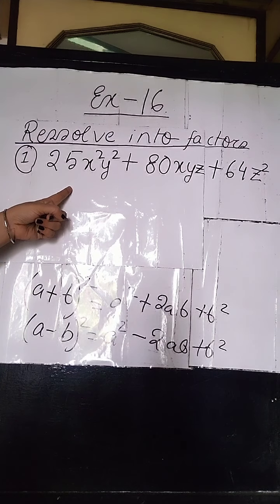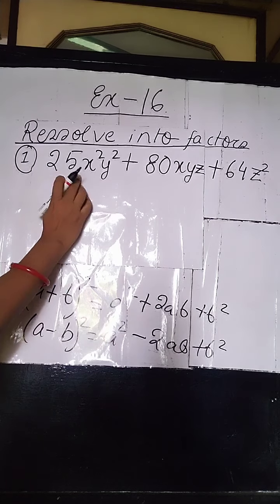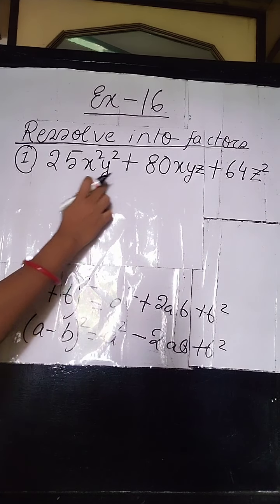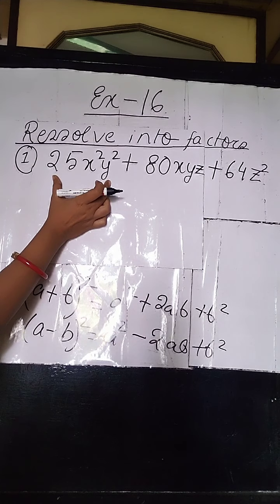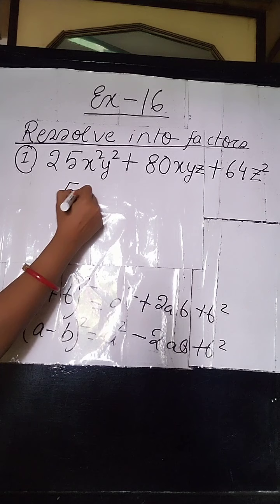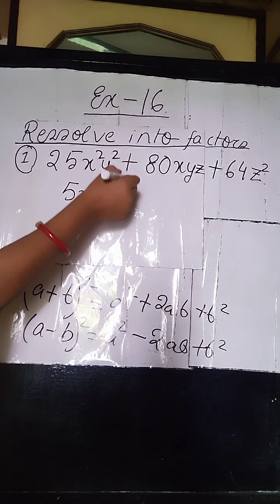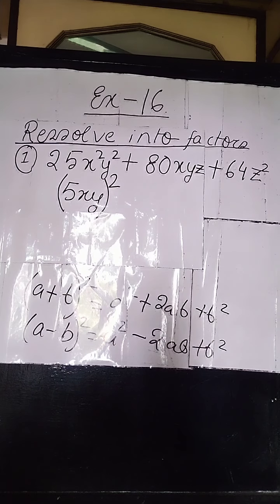See, 25x square y square can be written as the whole square of what? If we do the square root of 25x square y square, we will get 5xy. That means 25x square y square is equal to 5xy whole square.